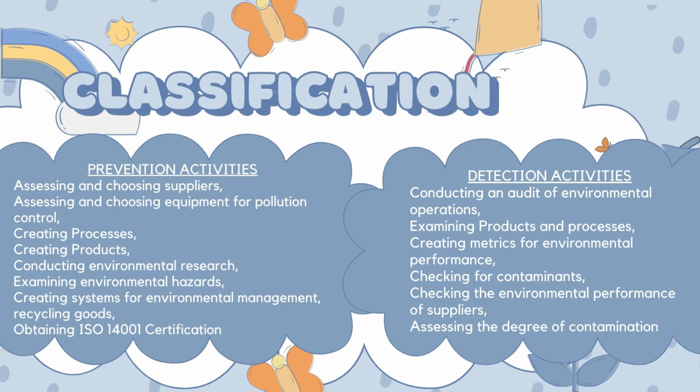Designing the process: maybe they can create standard operating procedures regarding waste disposal. Then designing the product: don't let the product turn out to be not environmentally friendly, so that it can cause environmental damage in the future. For example, making a detergent.